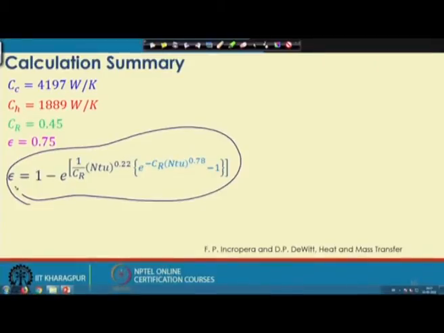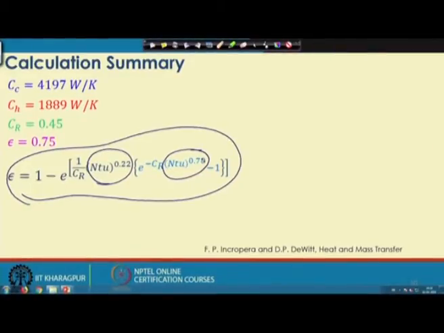The epsilon varies with NTU to the power 0.22, and again inside this one the NTU to the power 0.78. So this equation cannot be rearranged to calculate the NTU from the epsilon value.